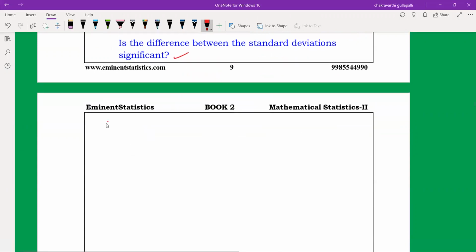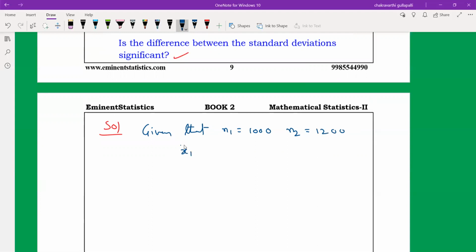Now the solution. Given that n1 is equal to 1000, n2 is equal to 1200, the two sample sizes.